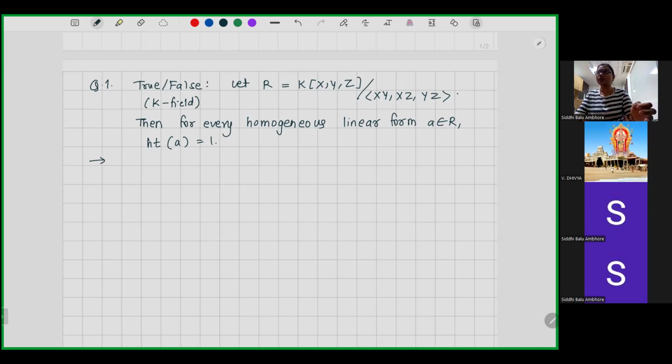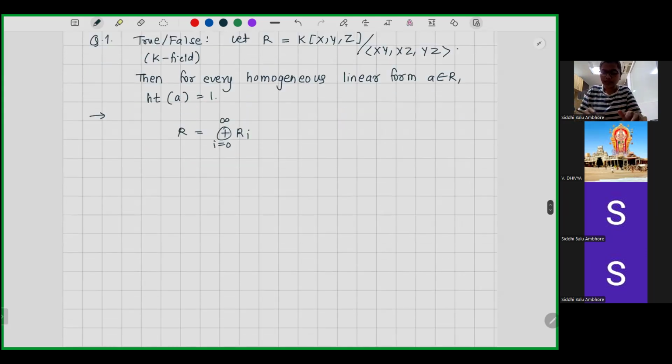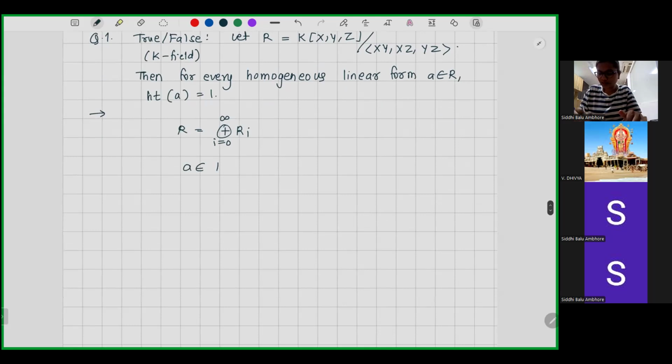So the resultant quotient ring has a grading, and we are considering elements of it. So this A is in R1, of the form a x bar plus b y bar plus c z bar, something of this sort.